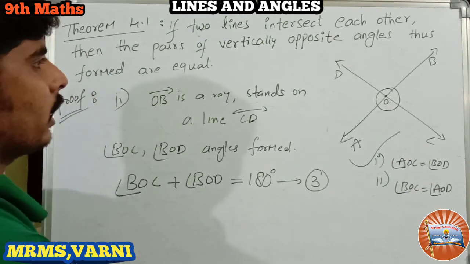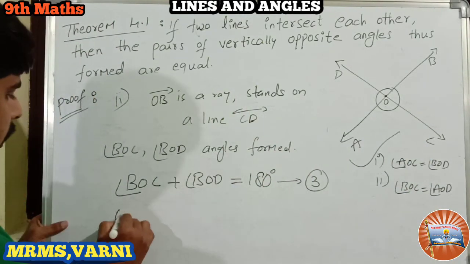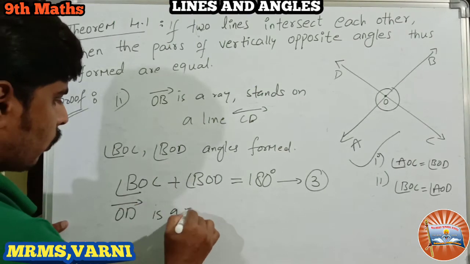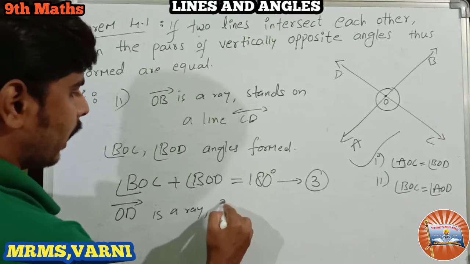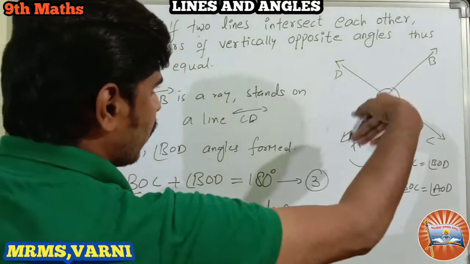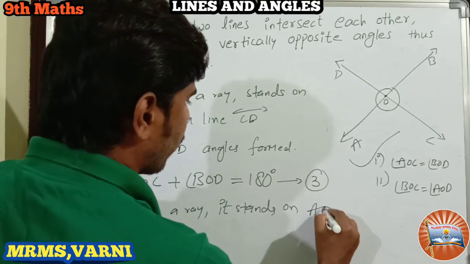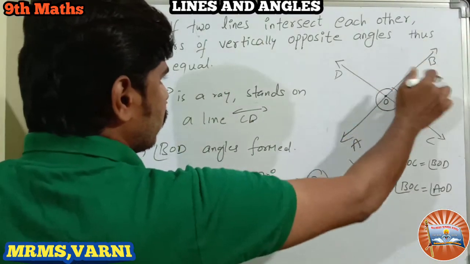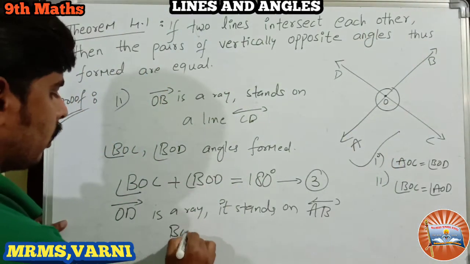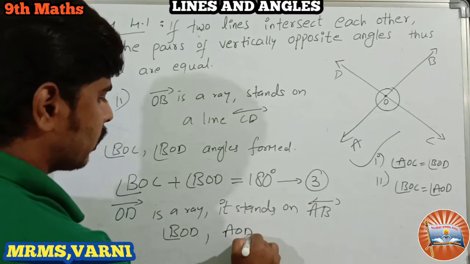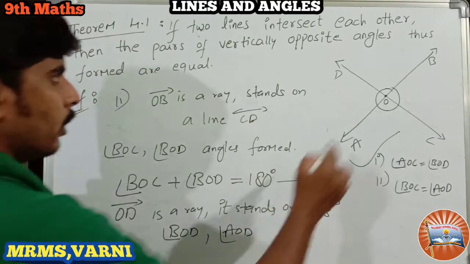Next we take ray OD. OD is a ray, and it stands on line AB. Okay, what are the angles formed? BOD and AOD are the angles formed here, isn't it?